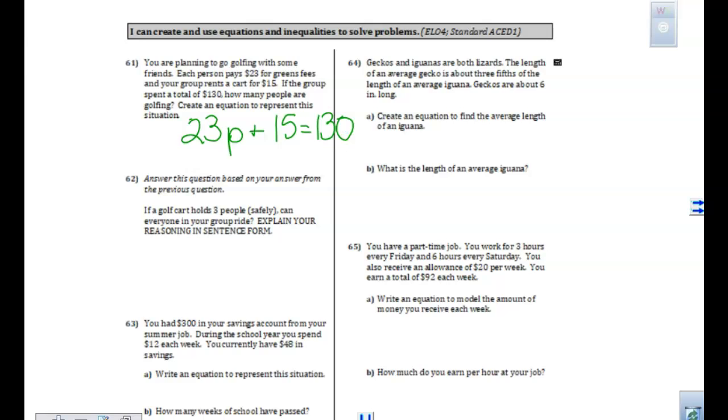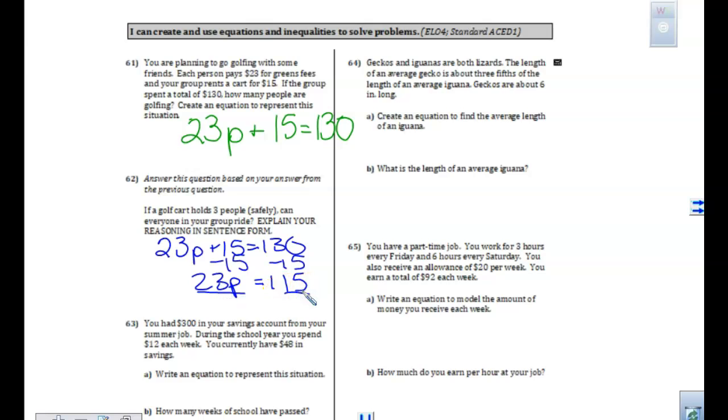So if I was solving this, 23p plus 15 equals 130. First step as I'm solving it would be, Andy, to do what? Subtract. I get 23p is 115. Nathan, you got your calculator there. You want to work it for us and get us our answer?